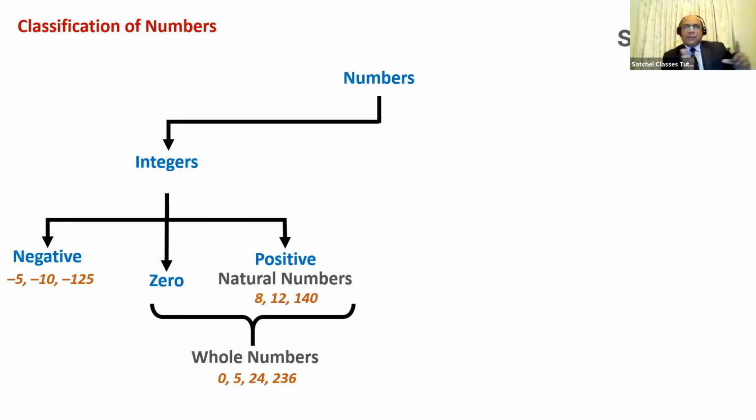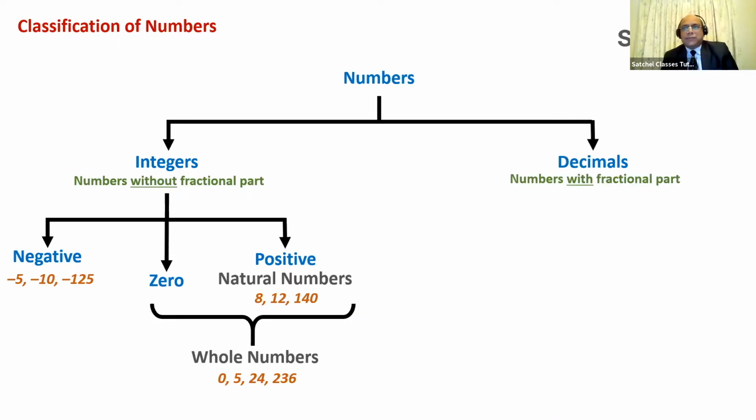So we have integers on the left, and integers, remember, are those numbers which do not have any fractional part. We have the decimals now, right? The decimals are numbers which have a fractional part. The decimal numbers can in turn be negative or positive.